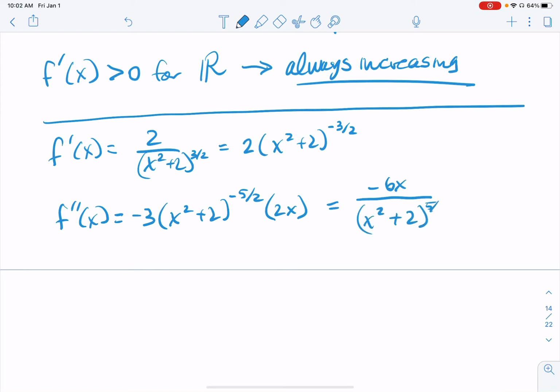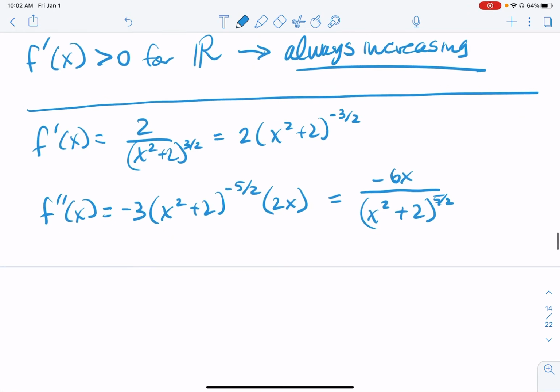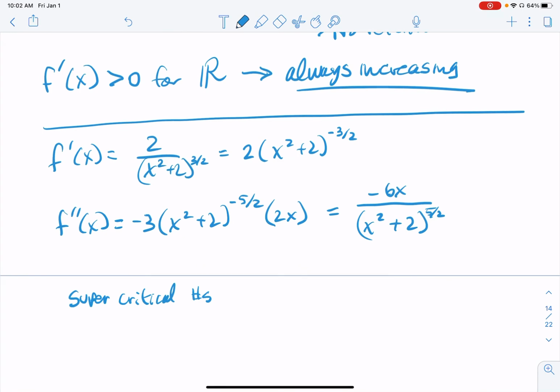All right, so now we want to find its supercritical numbers. That happens where the second derivative is either equal to 0 or undefined.